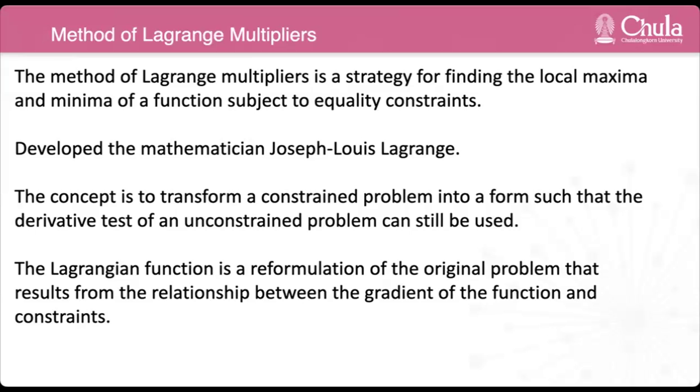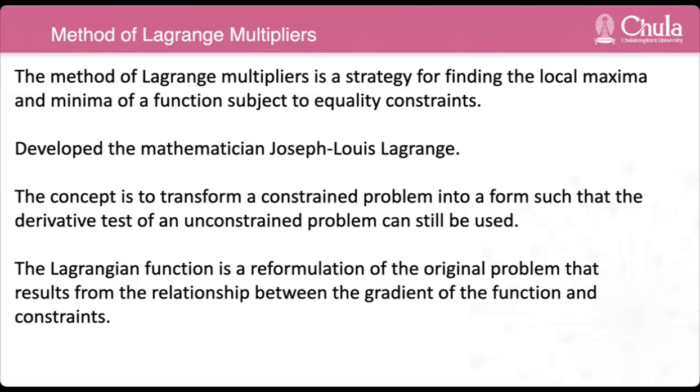The method is based on the transformation of a constraint problem to an unconstrained problem. By using the Lagrange method, you transform an objective function with an equality constraint into an unconstrained problem, with different dimension, of course.